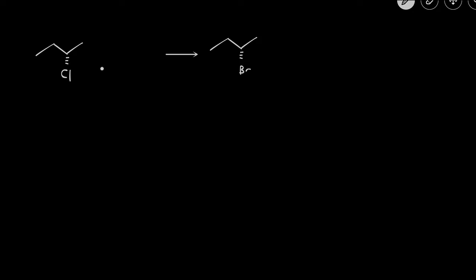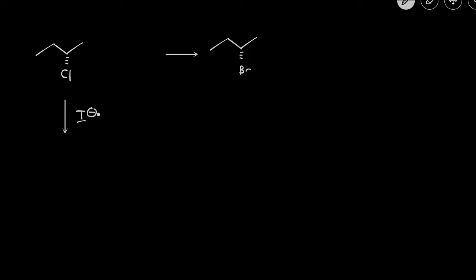Another type of problem that you might see is how do you keep the configuration the same, but just change out the leaving group. So here I want to change out an OH with a Br, but I want to keep it as a dash. So the easy way to do this is just do an SN2 reaction twice. We're going to have another nucleophile that's also a good leaving group attack, which are usually just a halogen.